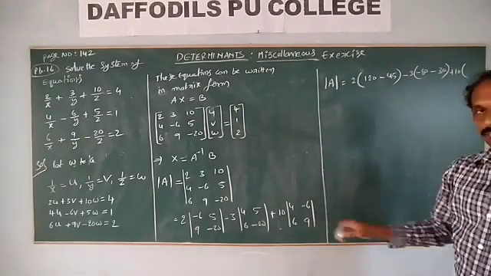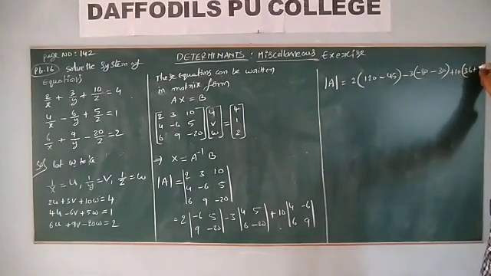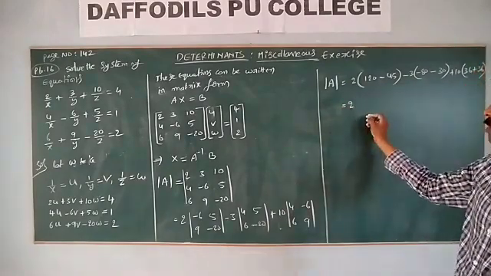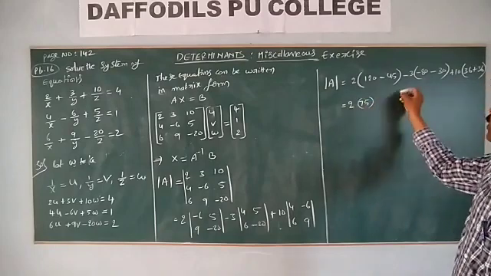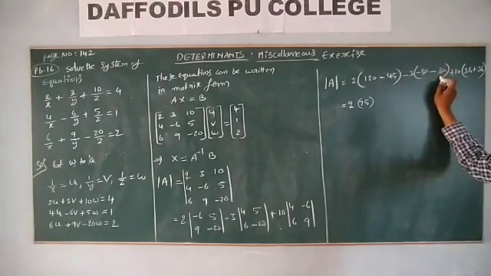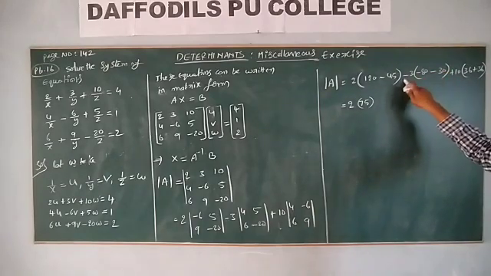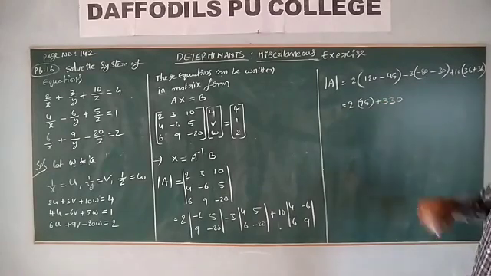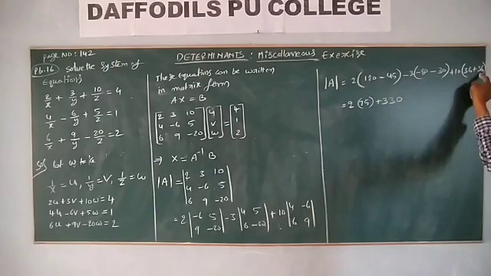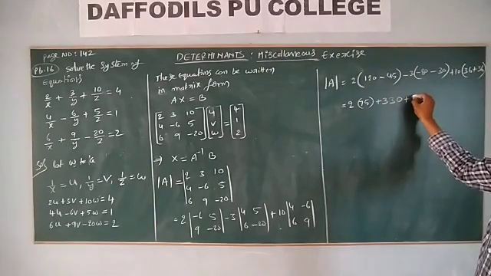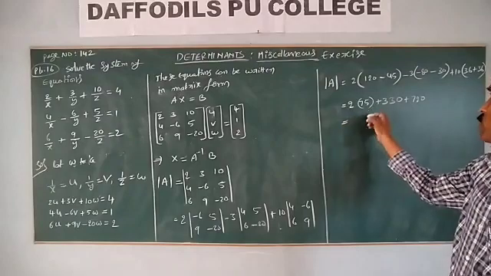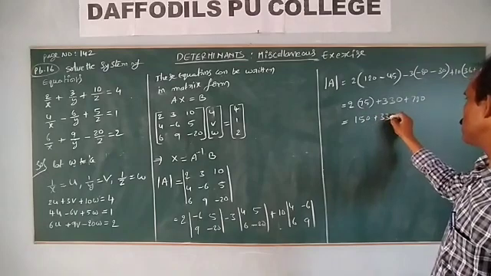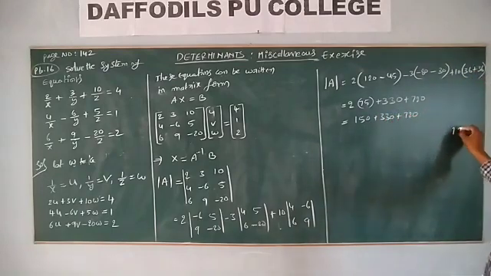Plus 10 of 36, minus into minus, plus 36. 2 of 120 minus 45 is 75. Minus 3 of minus 80 minus 30, minus 110, minus into minus plus, 3 into 110 is 330. 36 plus 36 is 72, 72 into 10 is 720. Adding 150, 330, 720.